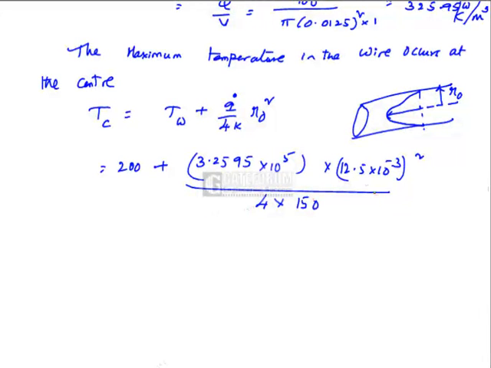K is 150 watts per meter Kelvin. So the resultant is 200.08 degrees centigrade. This is the center line temperature.